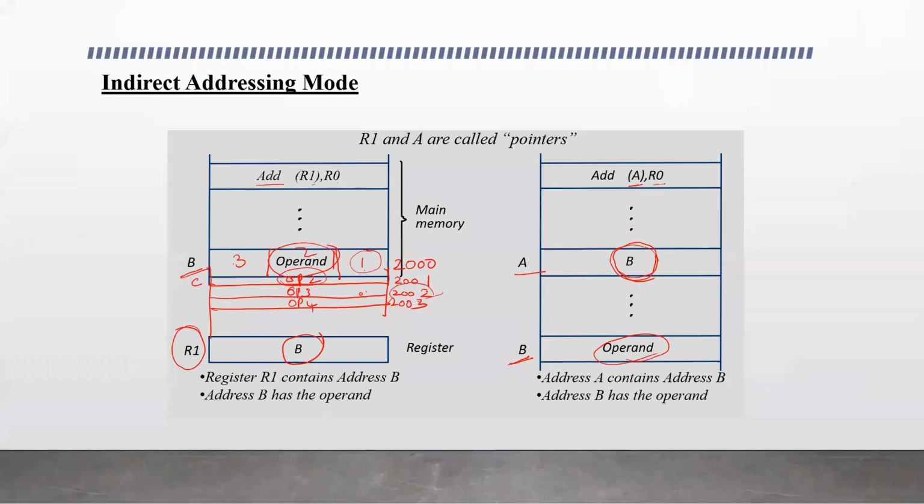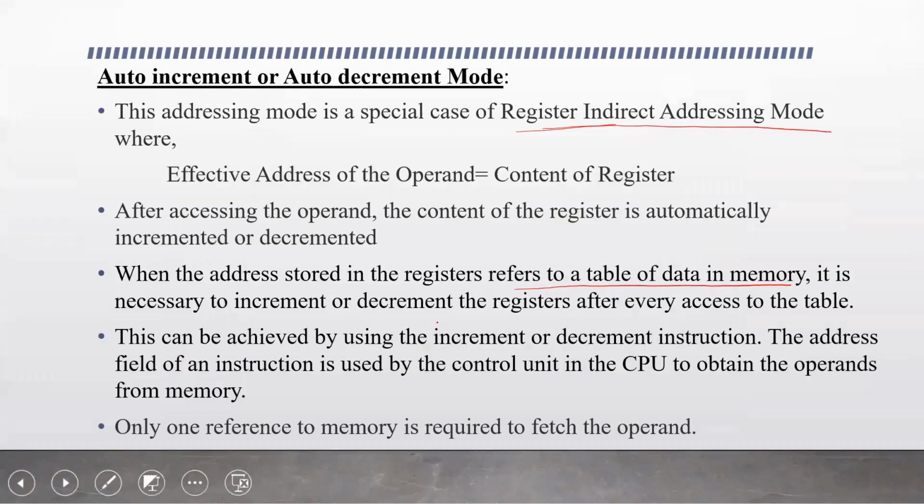So we get the next operand 3 at location 2002. This way the operands are accessed when they are stored in memory in the form of a table. It is required when we have a table of data in memory and we need to access that data.